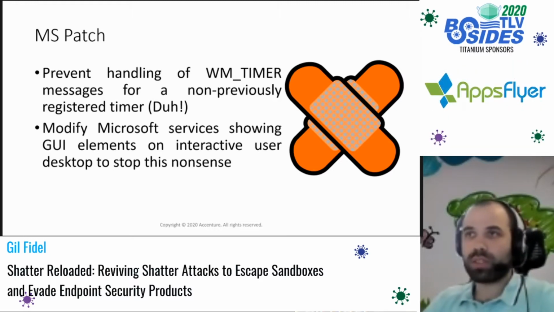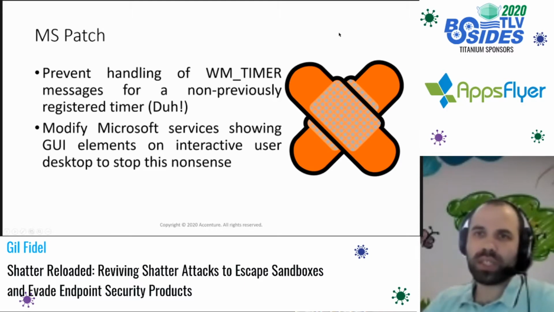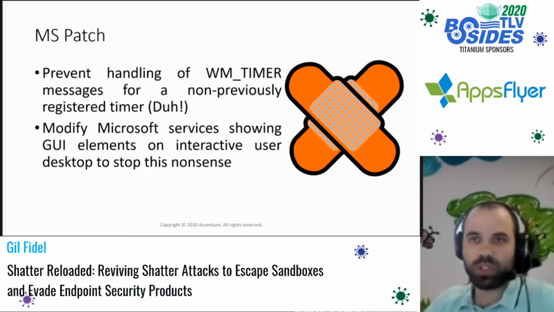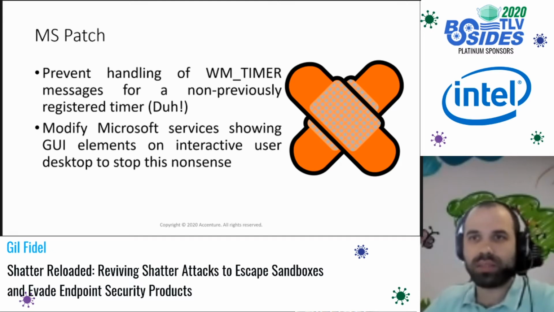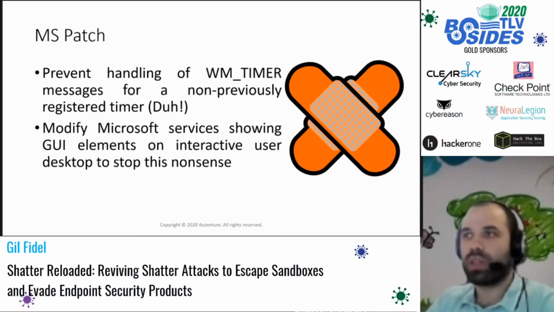And also Microsoft fixed all of their services not to show any GUI on the user desktop, and of course probably updated their best practices guidelines that everybody ignored, but that kind of put a stop to this simple vulnerability being used in the wild.